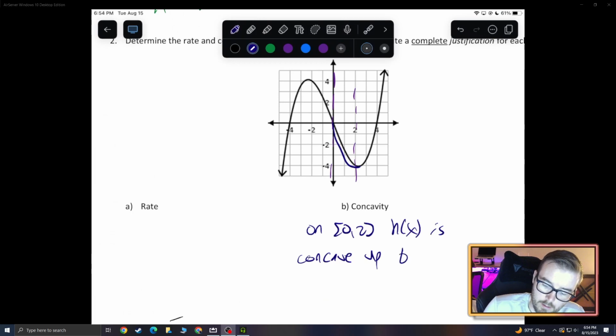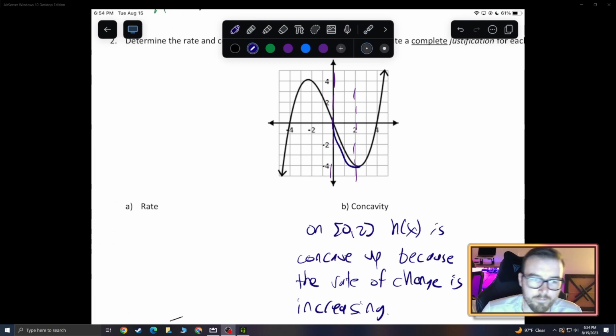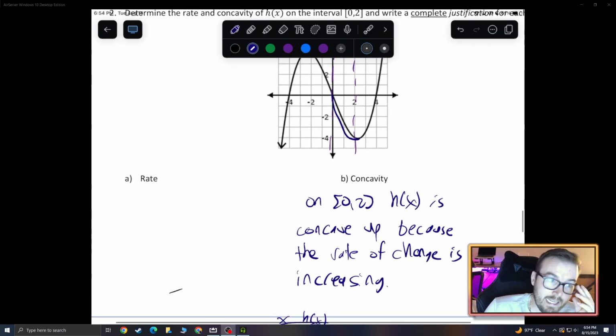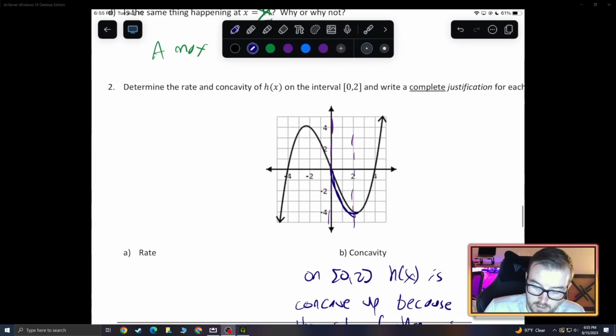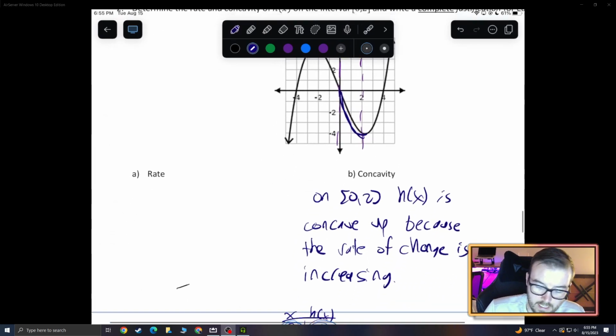But why? Because the rate of change is increasing. Okay? That's the why. And what is it also doing? It is decreasing. The rate is decreasing. Okay?